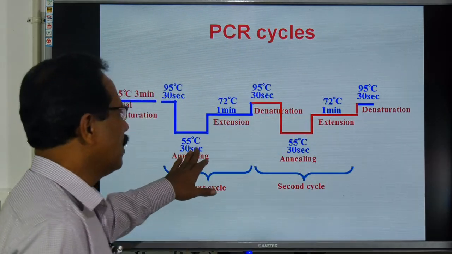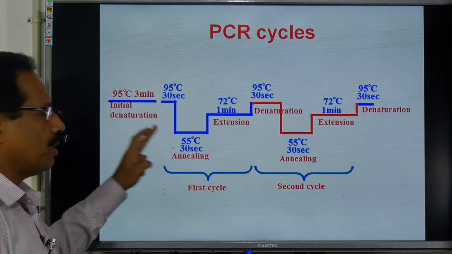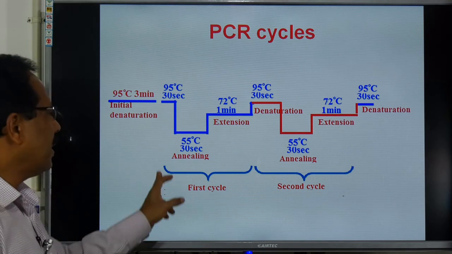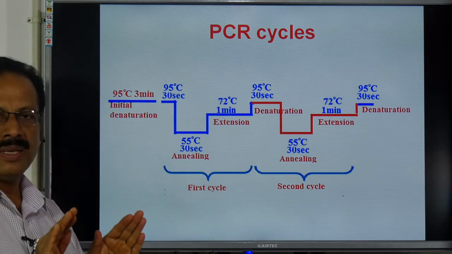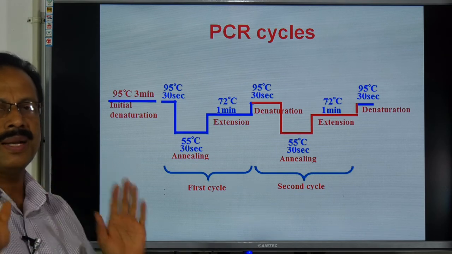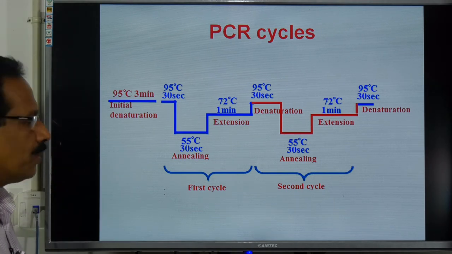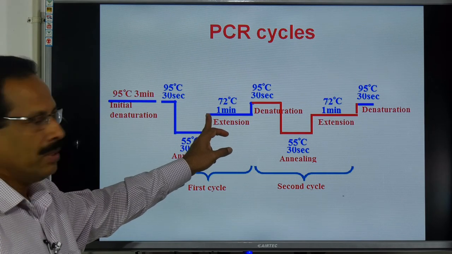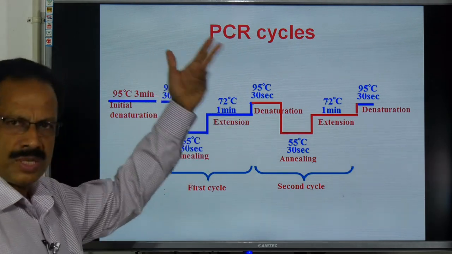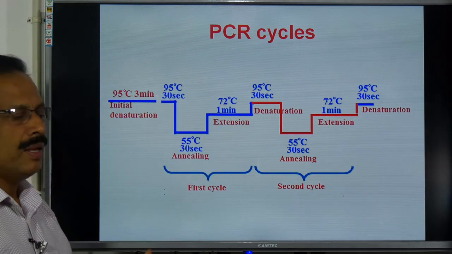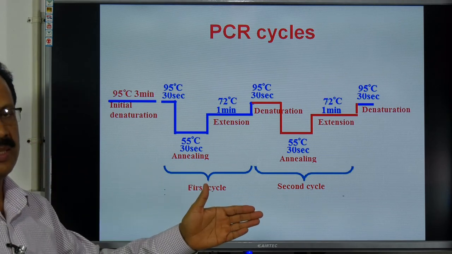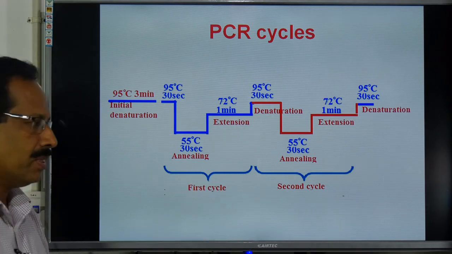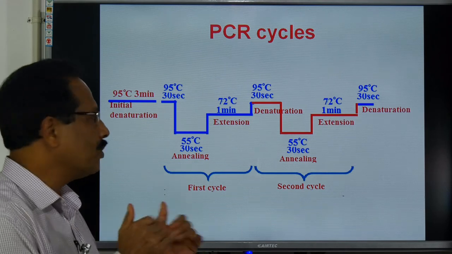You choose that temperature, and the temperature comes down to that level. And the annealing happens: the complementary primer attaches to the 5' end of the DNA strand. Then you increase the temperature to 72 or 70 degrees Celsius, depending upon the length of the pieces you are amplifying. If it is 1000 bases or less, you use around 1 minute.